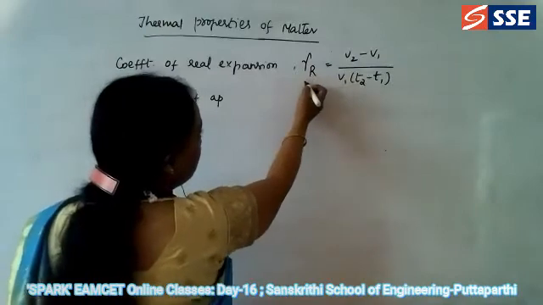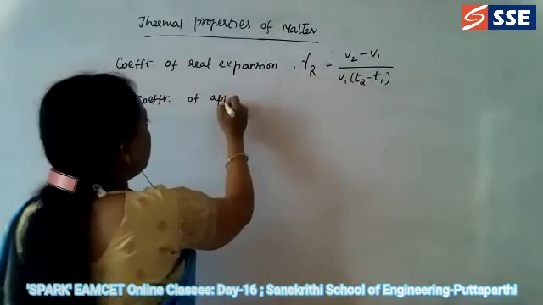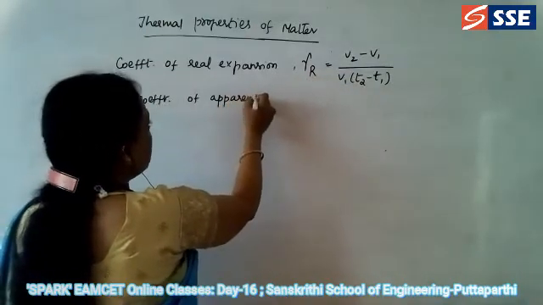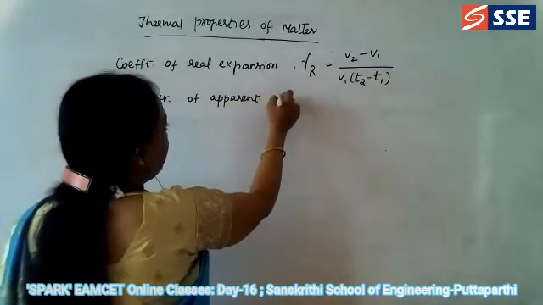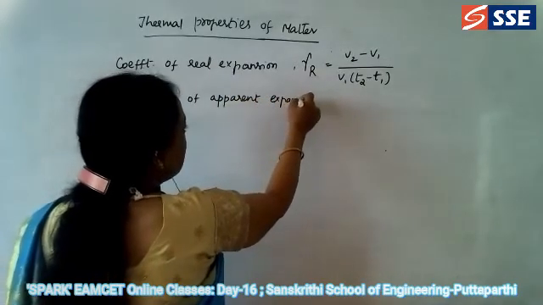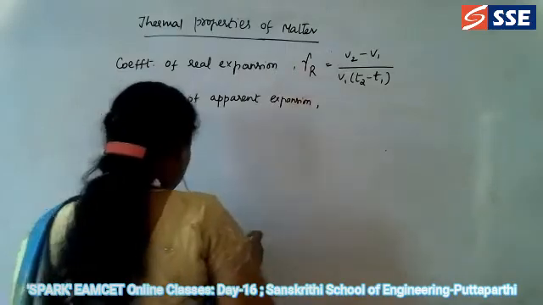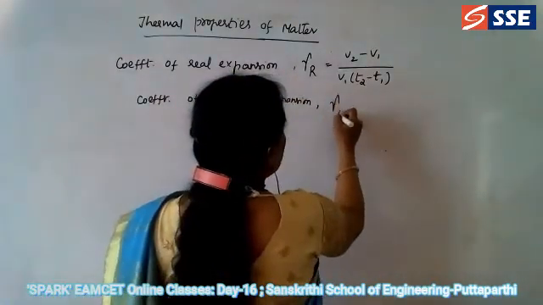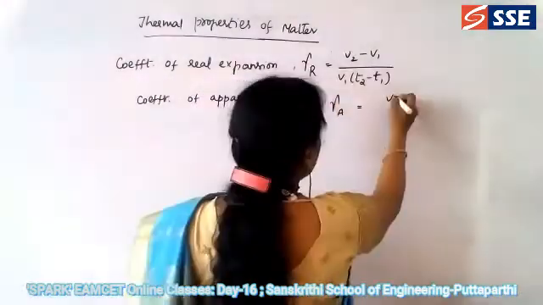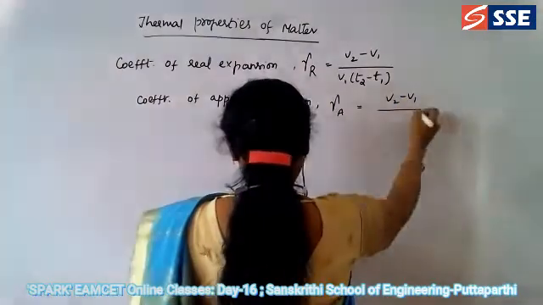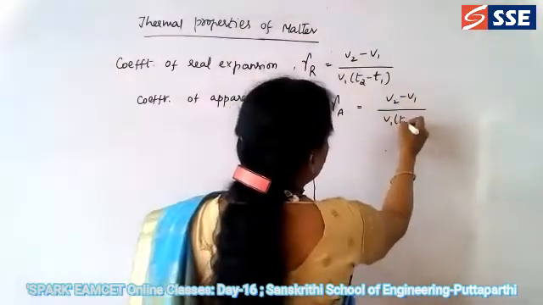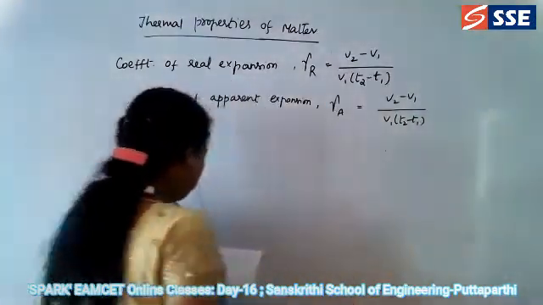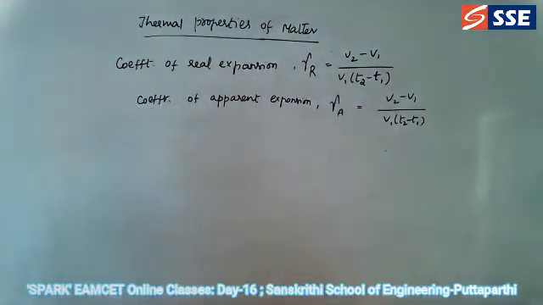So we denote real expansion with gamma R. And next, the coefficient of apparent expansion: gamma A is equal to (V2 minus V1) by V1 into (T2 minus T1). This is the formula for the coefficient of apparent expansion.